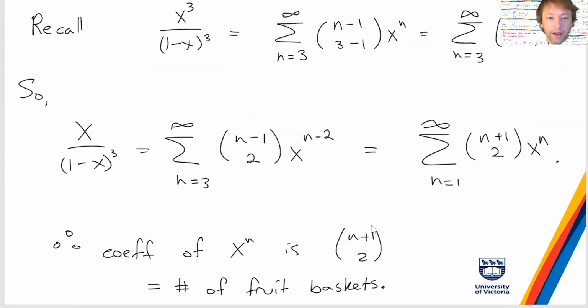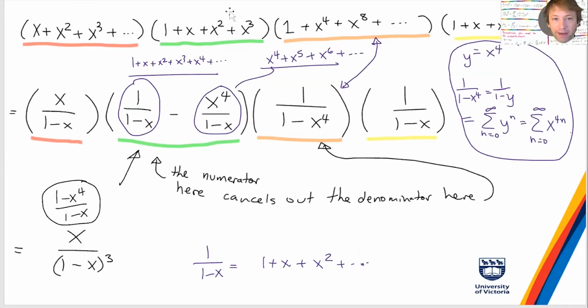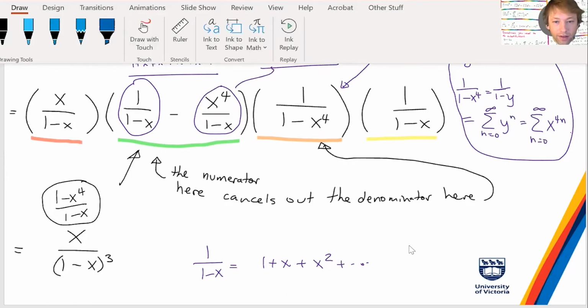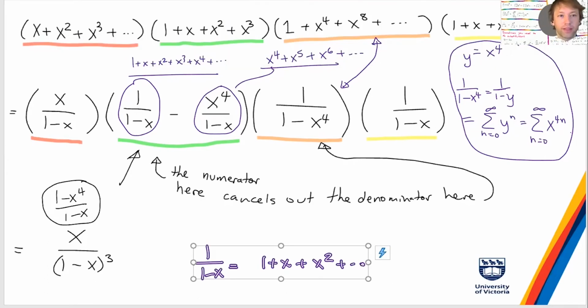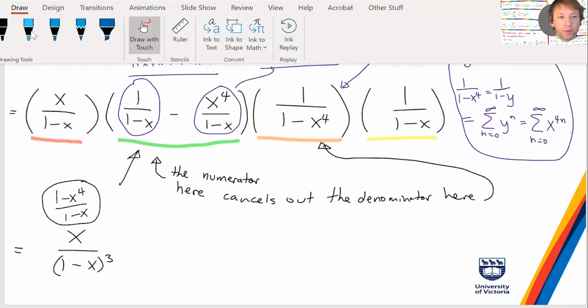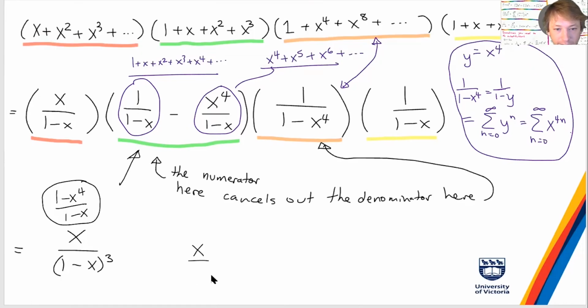So, okay, what happens after you cancel? What we get in the end is x over 1 minus x from the first term. From the second term and the third term combined, the numerator here cancels the denominator, so we get 1 minus x from there.